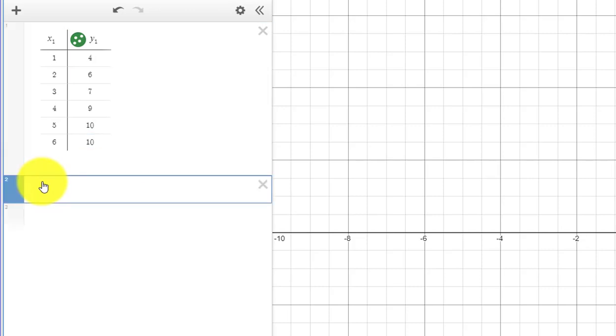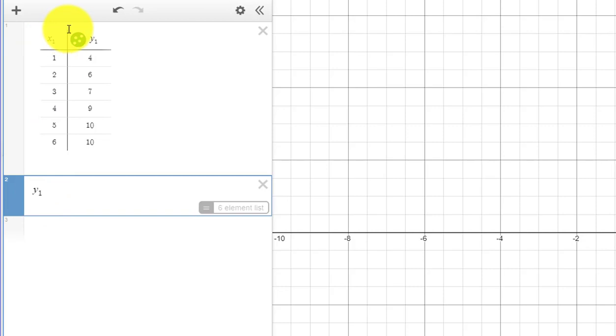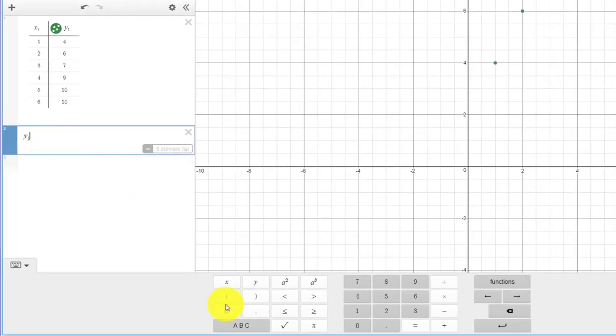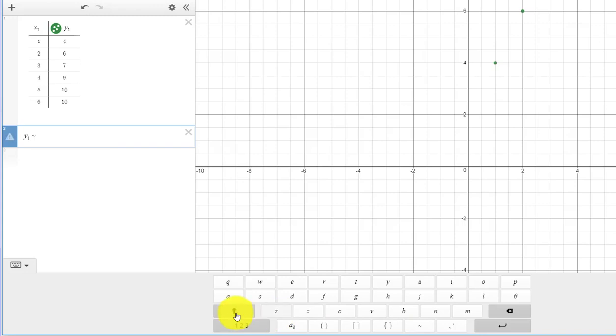Alright, since I know that this is a line of best fit, my regression equation will be y sub 1. I'm using the subscript of 1 here because in our table, the subscript that we have is 1. So y1, let's have our regress symbol.